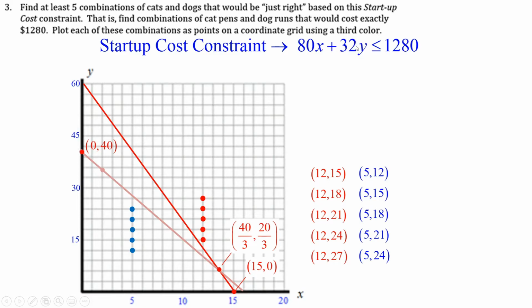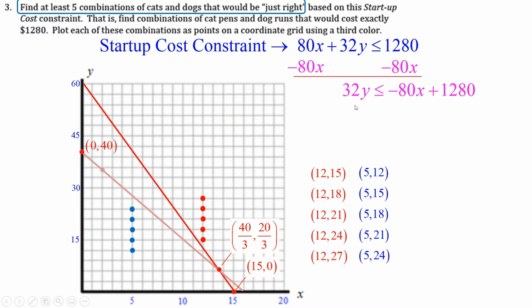So if I'm going to solve for this y right here, I'm going to subtract the 80x's from both sides. There we go. And adding or subtracting does not affect our inequality. Less than or equal to, 80x minus 80x cancels, leaving my 32y's less than or equal to negative 80x plus 1280.